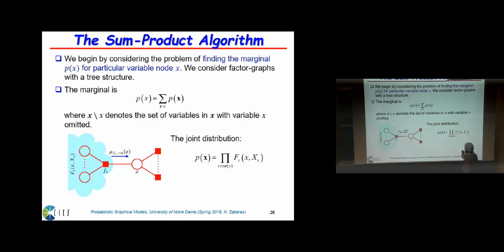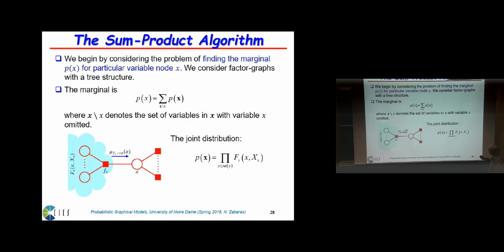So what do you think this F_s is? It is the product of all the potentials of all the factors on the subtree that originates from this factor f_s. You're going to have a lot of factors on this subtree, all right? So the product of all of those will denote F_s.